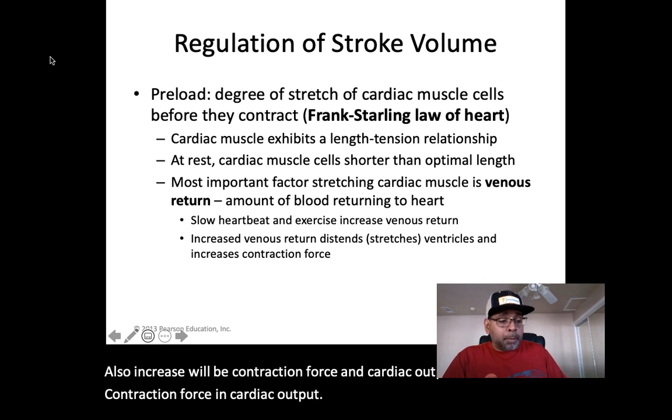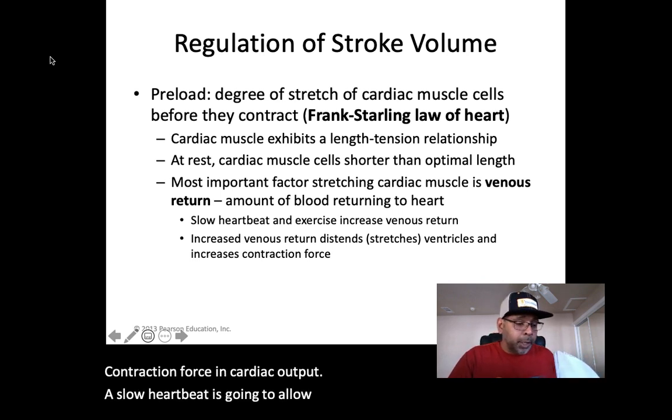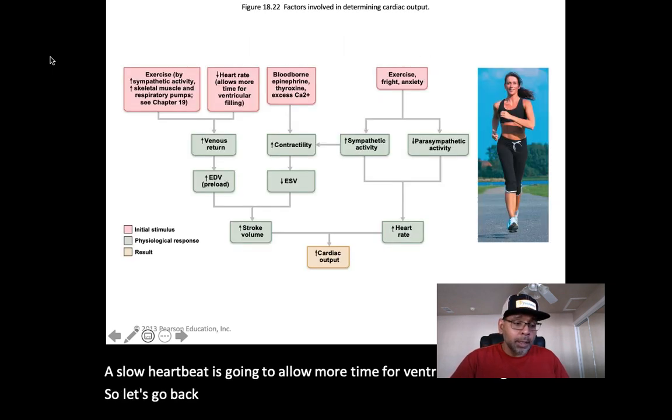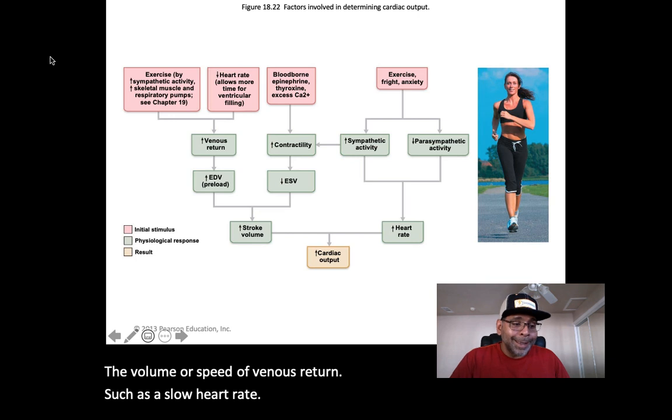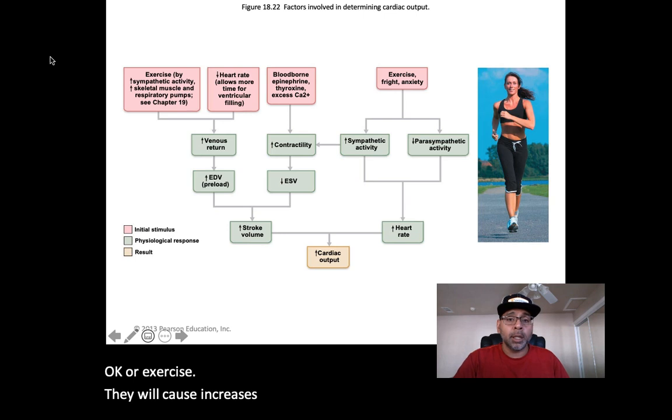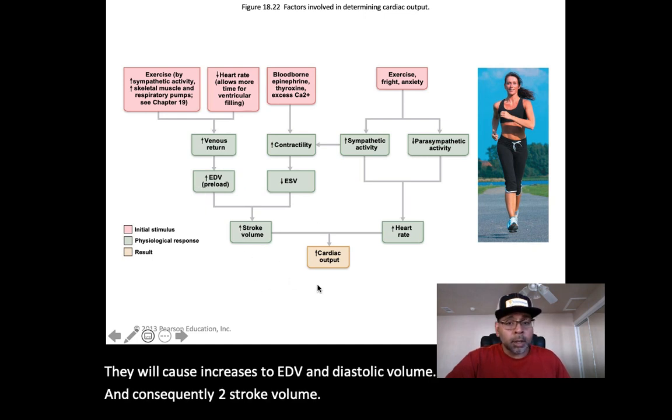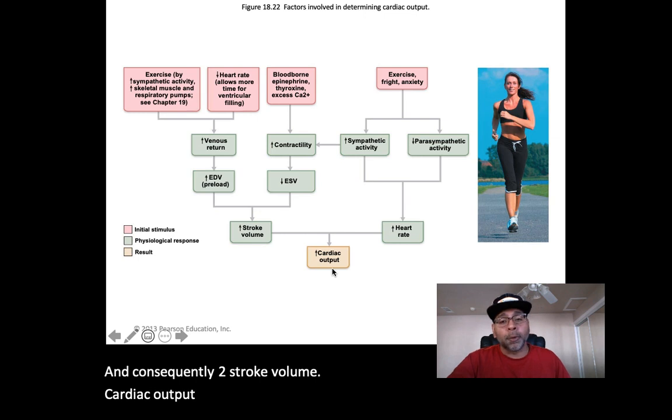A slow heartbeat is going to allow more time for ventricular filling. So let's go back here. Anything that increases the volume or speed of venous return, such as a slow heart rate or exercise, will cause increases to EDV, and consequently to stroke volume, cardiac output, and the force of contraction.